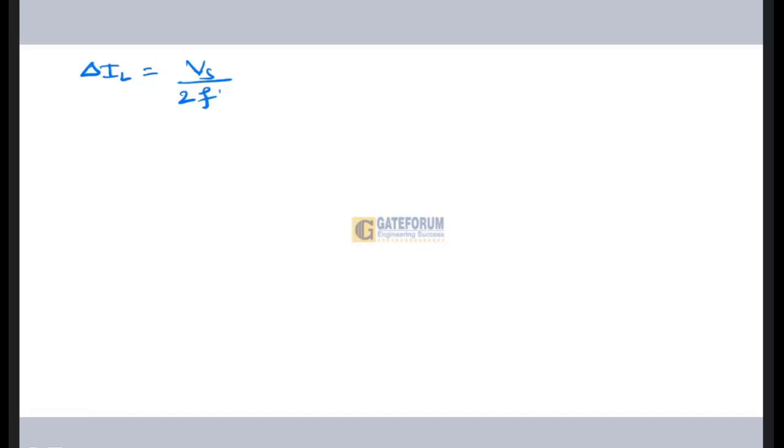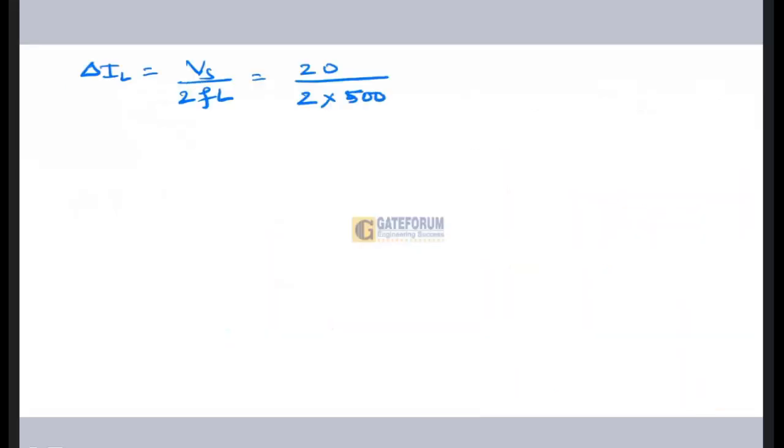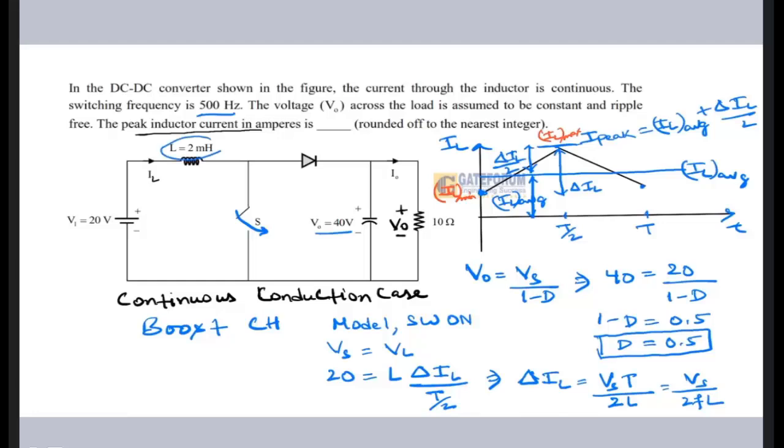Now just put in the values. Vs is 20 by 2, F is 500, and what about L? L is 2 millihenry.